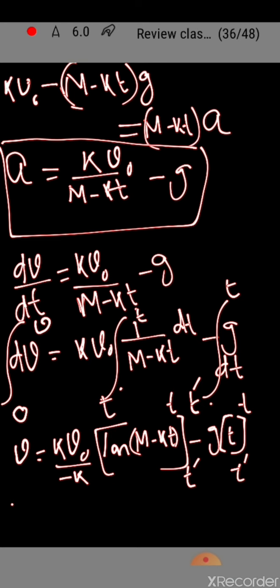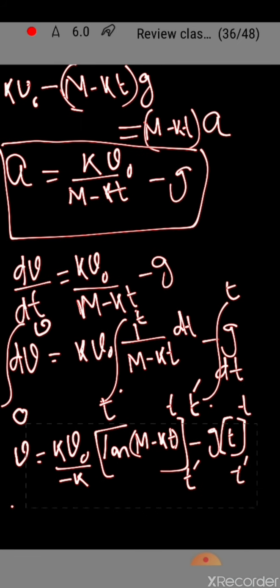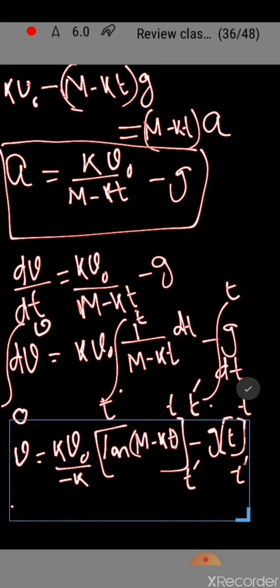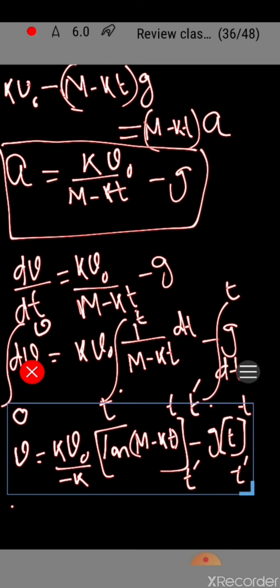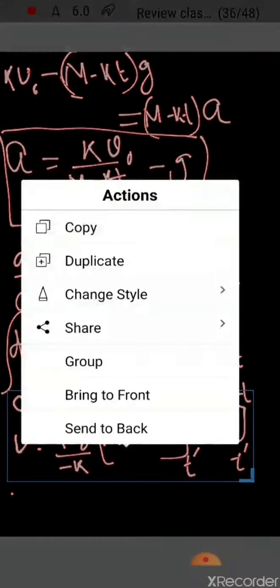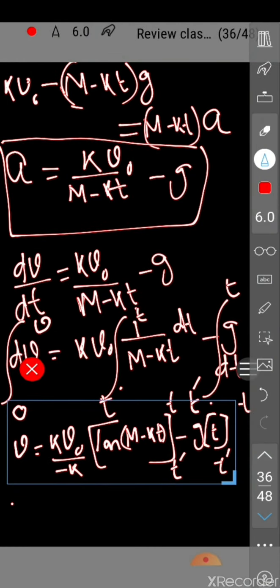So let's take this equation to the right hand side.